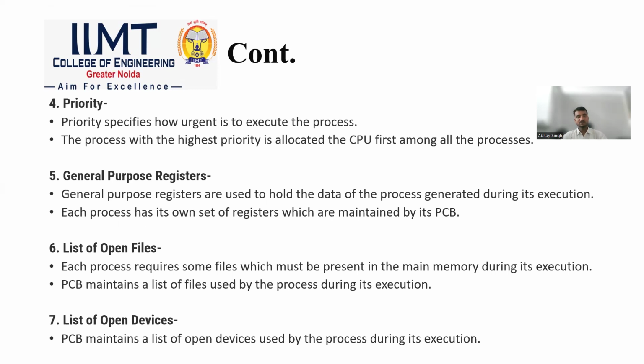The major difference between process and program is that a process is the executable part of the program, and a program is a set of instructions along with data. Programs are present in the secondary memory, but a process is present in the main memory.